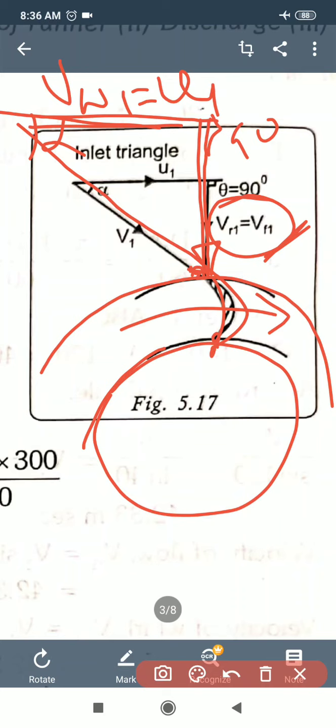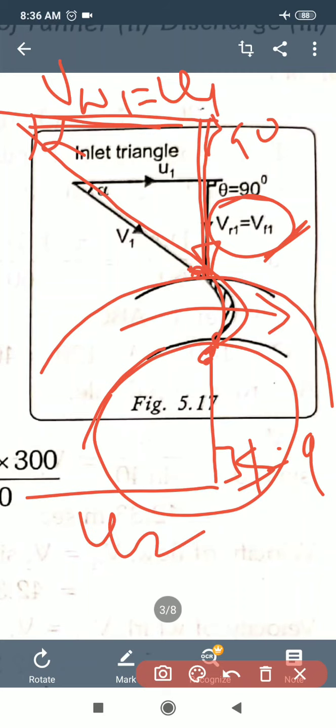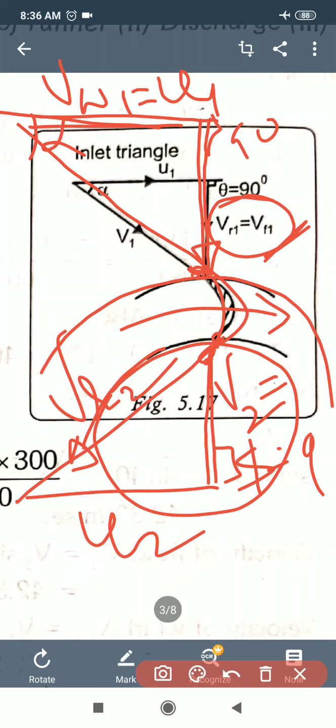And coming to the outlet velocity, this is the outlet part. Water always leaves radially, that means like this, beta equal to 90 degrees, and the blade velocity is u2 in this direction, and this is the relative velocity vr2. When the jet angle is 90 degrees, v2 is equal to vf2, because it is not making any angle, and vw2 is 0.